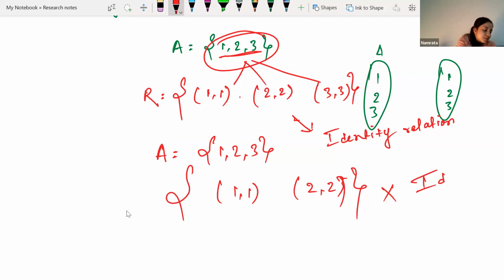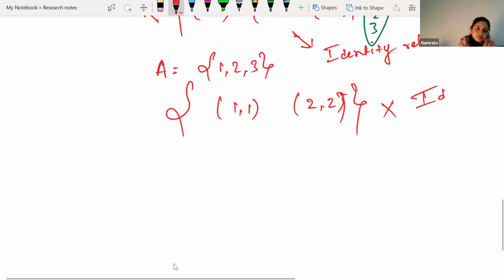Now the next one is reflexive relation. Here basically we are going to discuss reflexive, symmetric, transitive mainly.